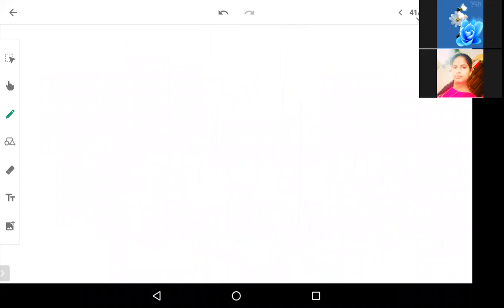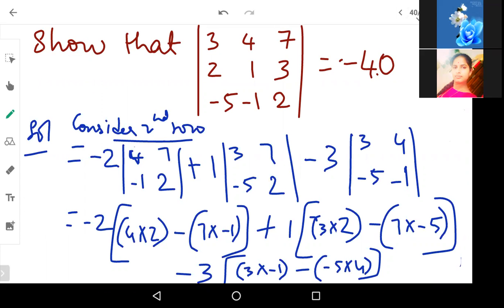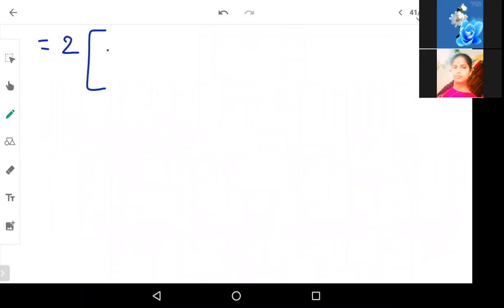Okay. So next step, 2 into, let us see what all is there. 4 2s are 8, minus 7 into minus 1 is minus 7. So 8 minus of minus 7. This is minus 2.